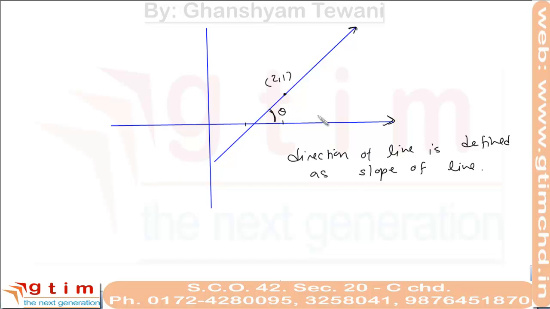If a line makes an angle theta with the positive x-axis, this is the positive direction of the x-axis, then slope is defined as the tangent of this angle. So slope is tan theta.